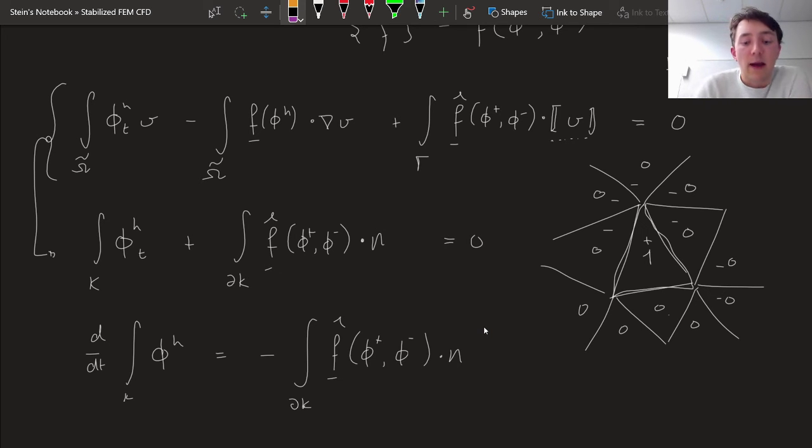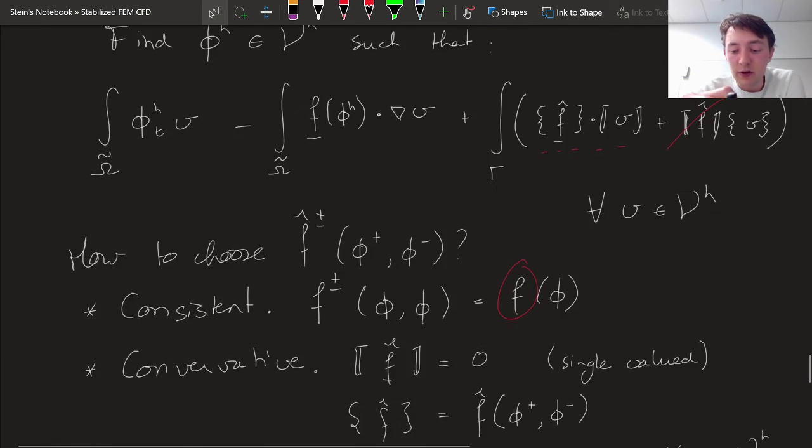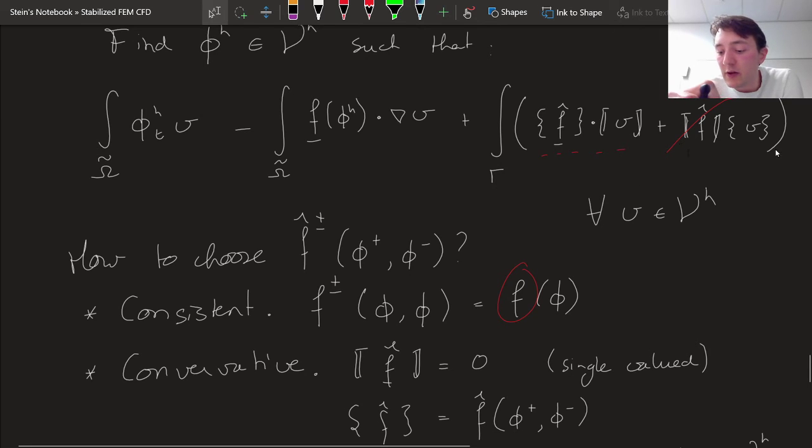Yeah. So, we can only do this because of the single valued nature of the flux function. Because if it wasn't single valued, we would have this other term right here. We would have some additional term that's going to hinge on the flux on both sides of the element.